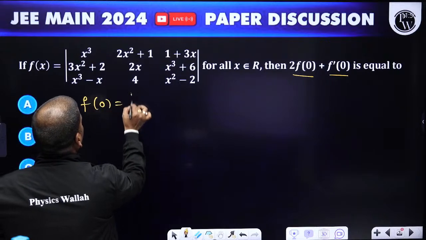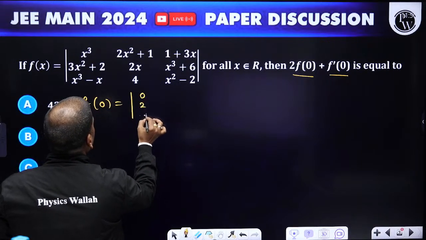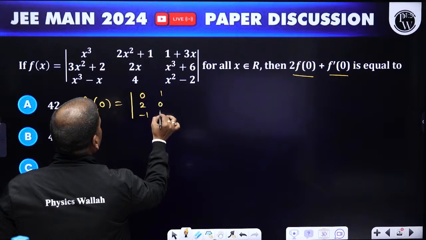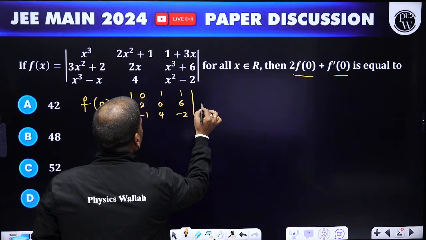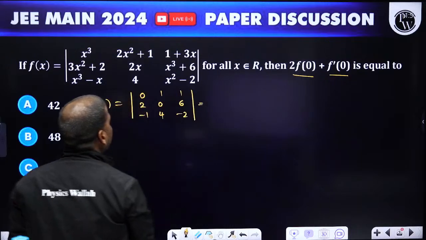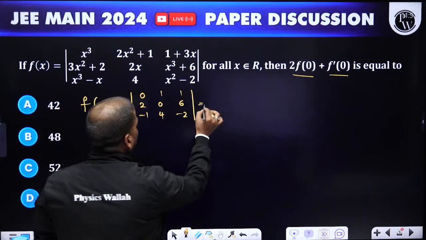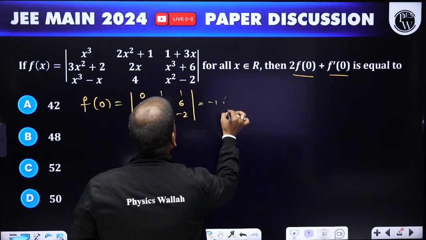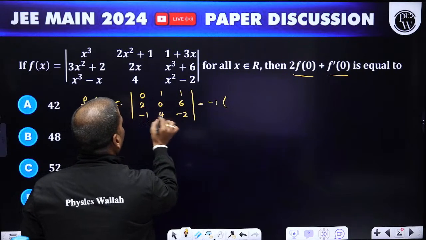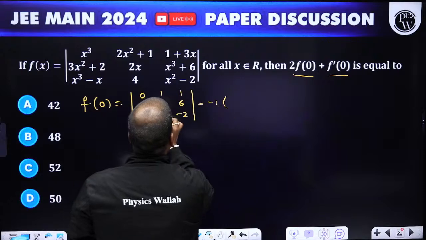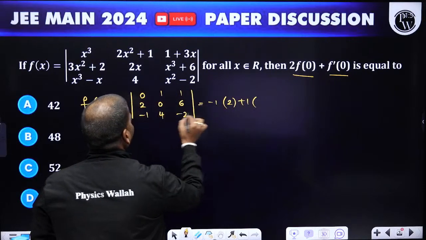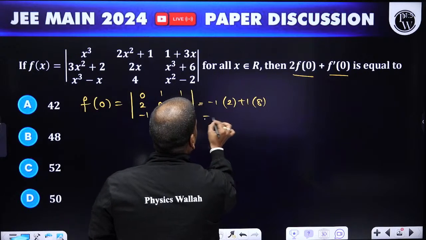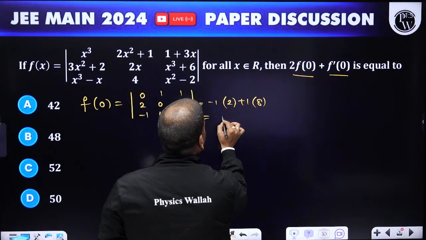F of 0 is 0, 2, minus 1, 1, 0, 4, 1, 6, minus 2. So when you find its determinant, minus 1 times, what do you get? Minus 4 plus 6, so plus 2, plus 1, 8. So what we would get, this is equal to 6.